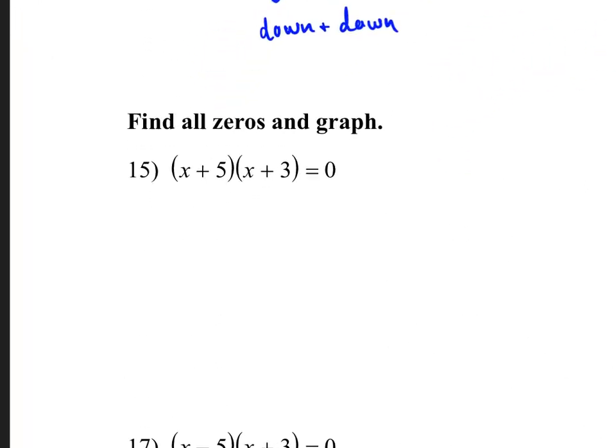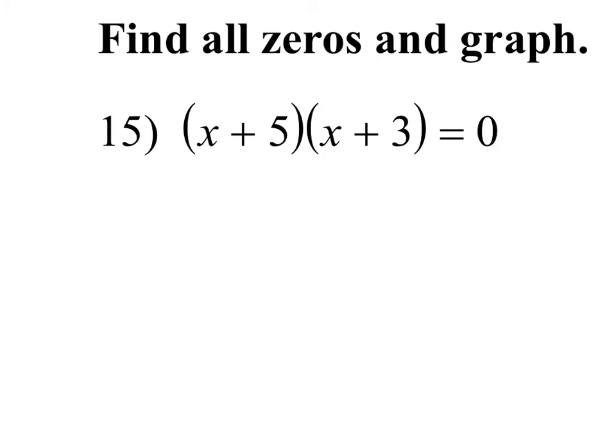Alright, let's look at 15. So to find our zeros, we just have to set each piece equal to 0. So we have x plus 5 is equal to 0, and x plus 3 is equal to 0. So how do we solve for x in our first equation?